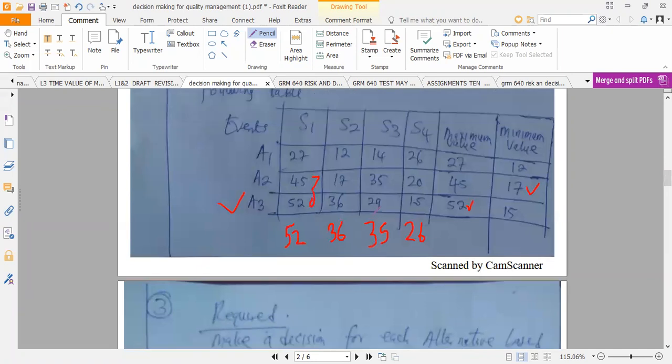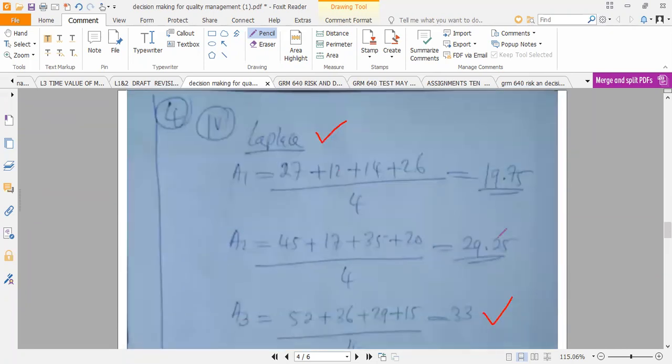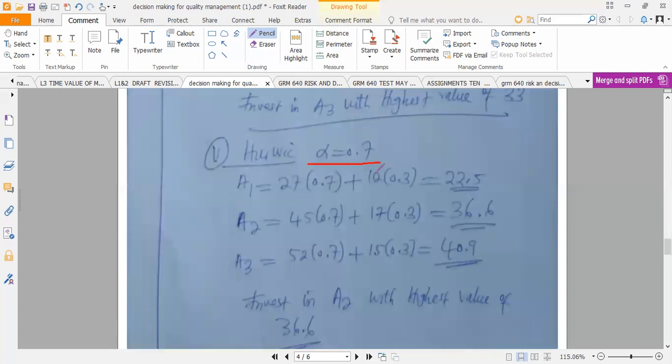Okay. So the smallest values here are 12, 17, and 15. So we're going to put 12 against 0.3, 17 against 0.3, and 15 against 0.3. So we're just using the maximum values and the minimum values using the alpha and the beta.